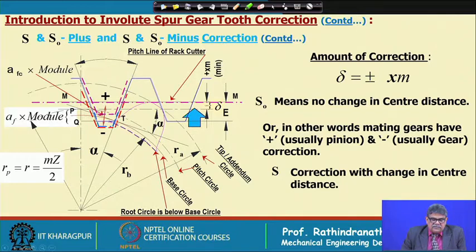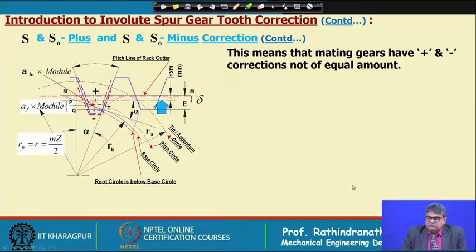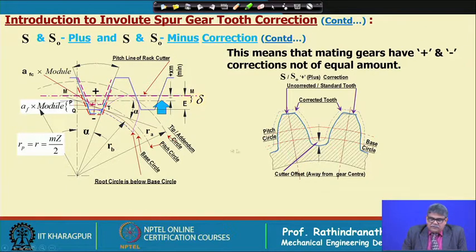Now, these red line and pink line show the height of 1 module. The extra clearance amount is not added to the cutter, that is just to understand where it is touching. So, with this concept we are now giving plus correction. Therefore, the tooth thickness will increase, which is shown in this figure. The dotted line is the new tooth profile and this shift is delta.